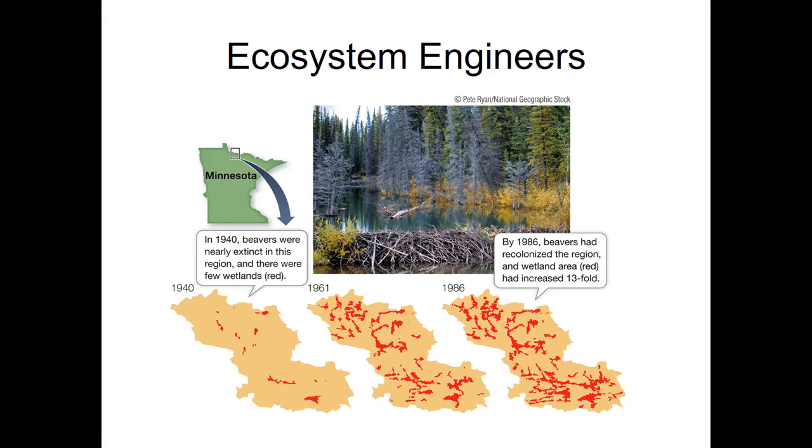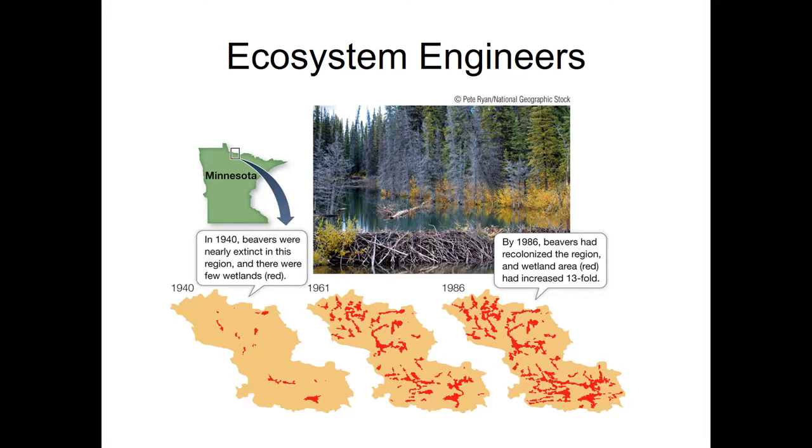These might also be keystone or foundation species, but the big idea behind an ecosystem engineer is they somehow change the physical habitat. They might be really abundant, they might not be very abundant. But the key to being an ecosystem engineer is, again, you're somehow changing the physical habitat.